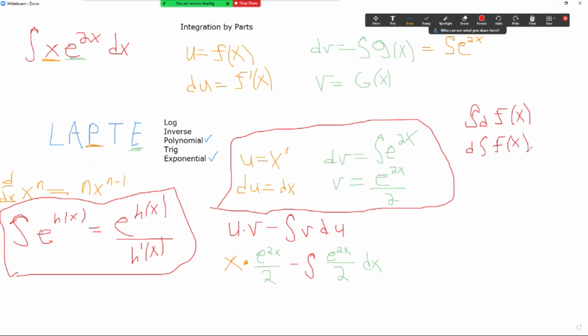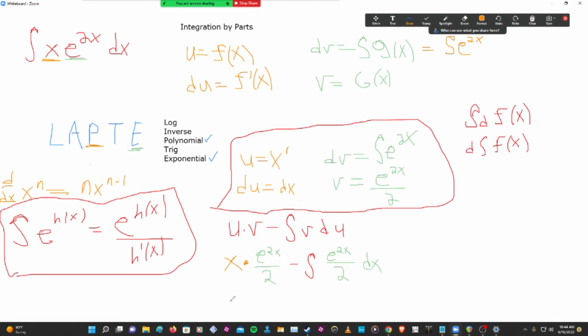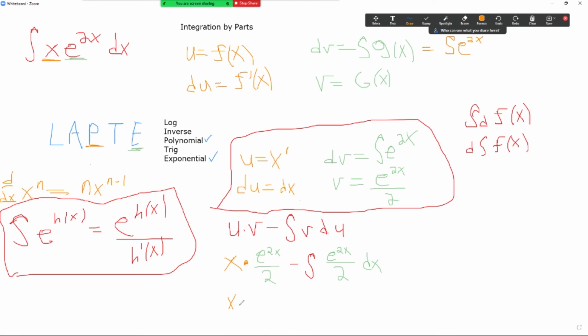You just multiply the constant later on to that specific antiderivative. So notice I have e to the x over 2. I can rewrite this in the same form we have here. So uv is fine. That is as simplified as that can get.